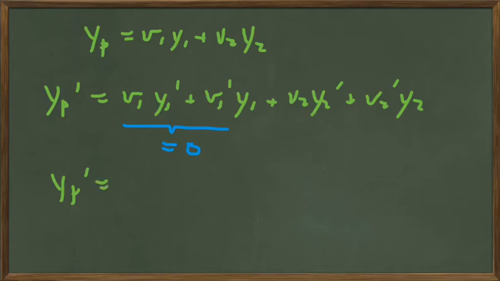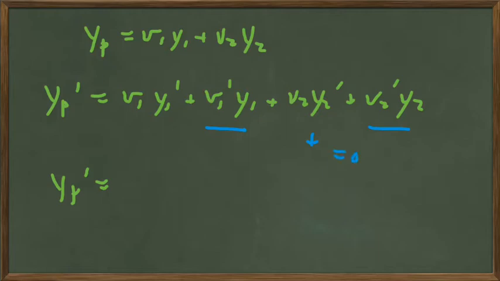It is just v1 y1 prime plus v2 y2 prime. The assumption that we make back here in this step is that v1 prime y1 plus v2 prime y2, that sum equals 0.